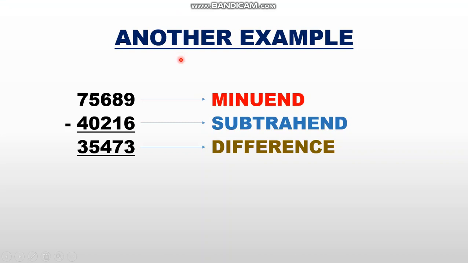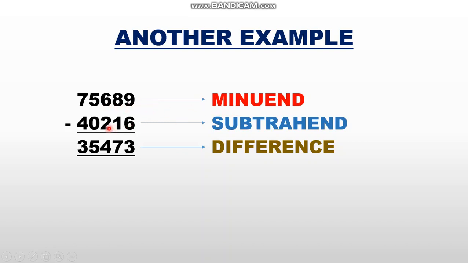Children, let's take another example. For example, we have here 75,689 minus 40,216 and the answer is 35,473. Here the bigger number is 75,689 and it is called minuend.